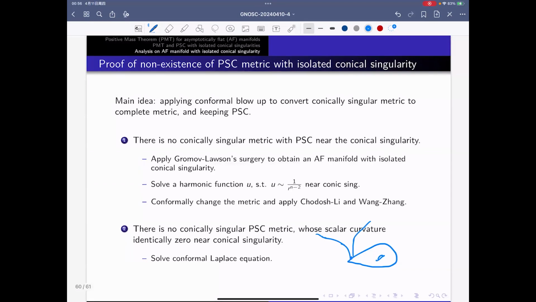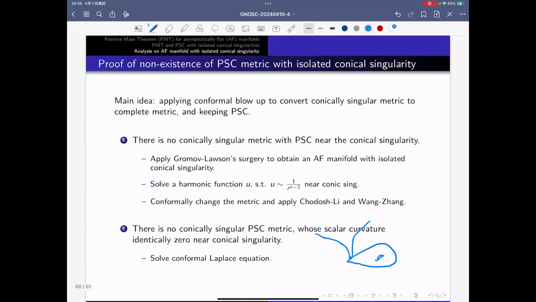And then on this kind of manifold, we can solve harmonic functions as we want to blow up the conic singularity to an asymptotically conic end. Then we can apply Chodosh-Li and Wang-Zhang's result to get a contradiction.